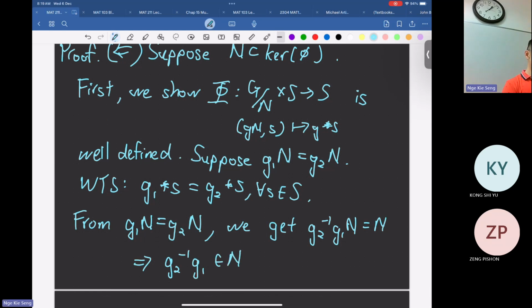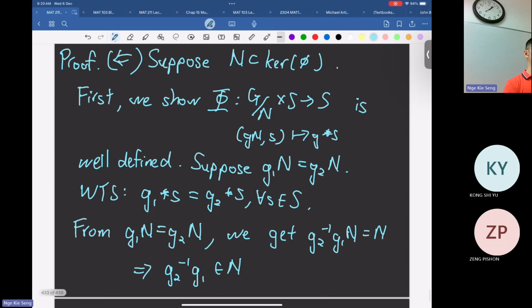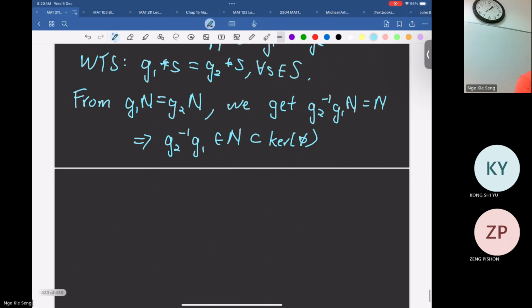Okay, but what is our assumption here about N? N is a subset of the kernel of phi. So this G2 inverse G1 is in the kernel of phi. So what does this mean here? You look at the permutation representation.